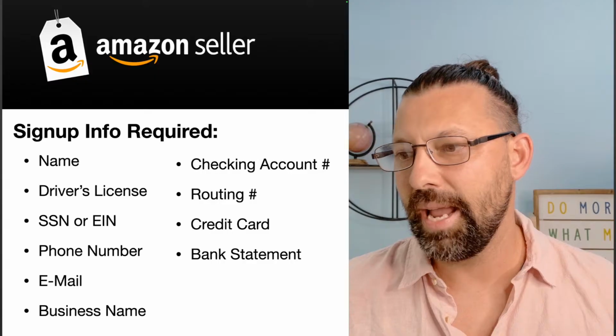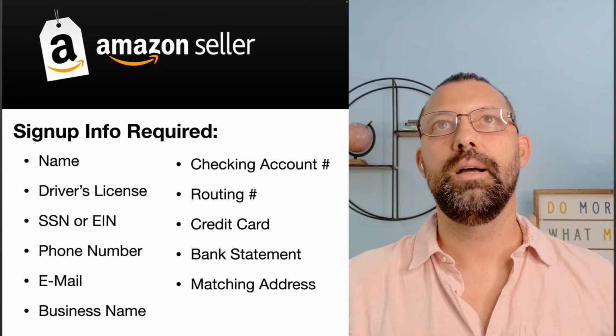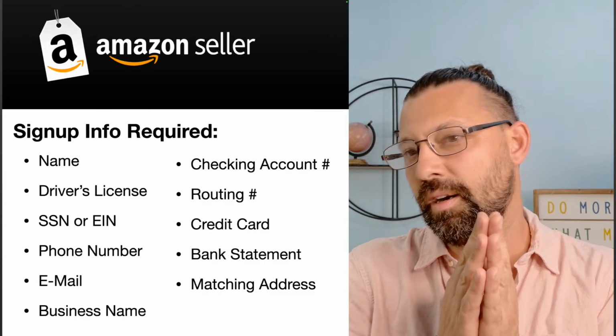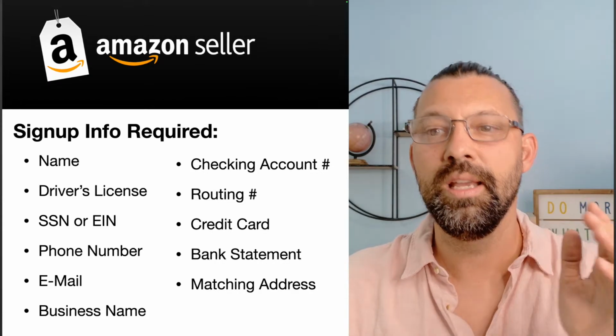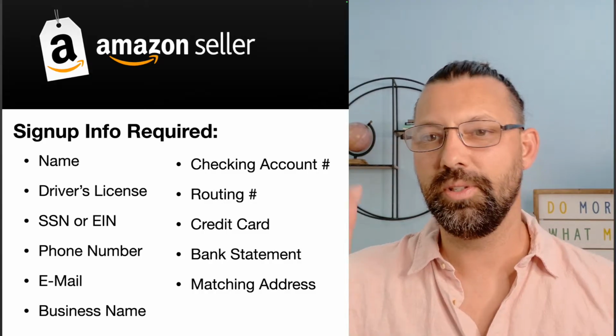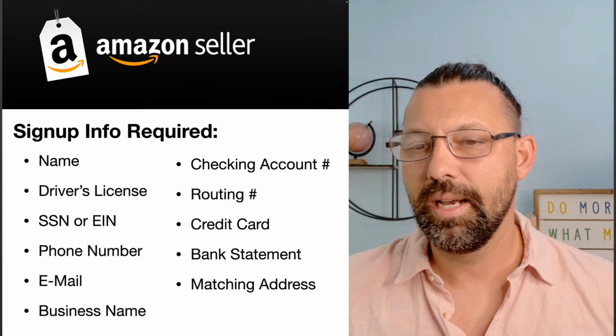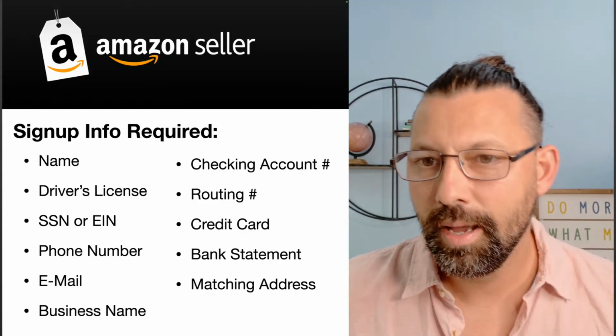And a bank statement with a matching address. They want to make sure that the products people are selling are of high integrity and they're legal, and so they want to be able to physically verify your address. That's why they require a bank statement with your address, and then they want to see that matching address on your account as well.